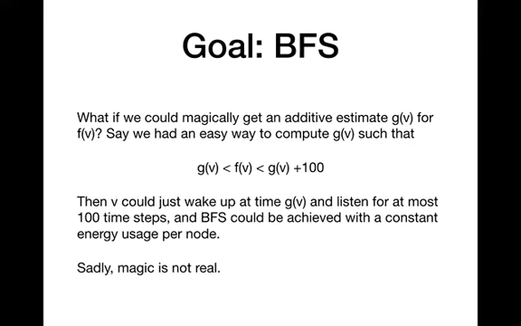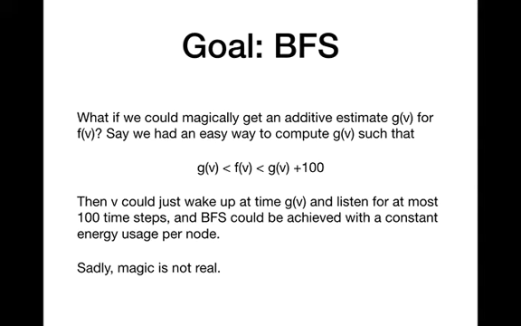Okay, what if we could get an additive estimate, like some magical estimate, g of v, for the graphical distance? And by the way, here I'm calling the graphical distance f of v.